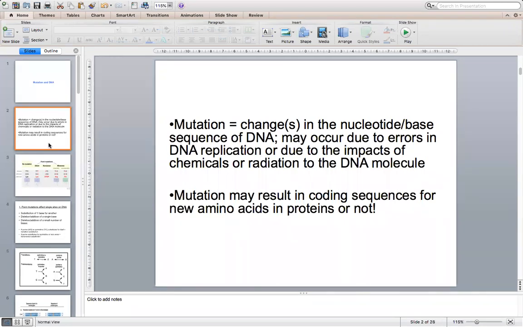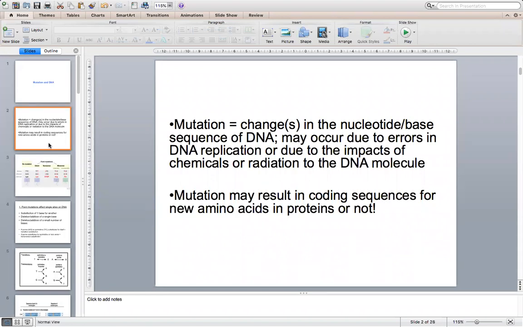Mutation is happening everywhere, with everyone, with bacteria, with humans, and everything. Don't think every mutation has to be lethal, or that every mutation gives you an entirely different result. Sometimes it may change the coding sequences for new amino acids in proteins, or not.